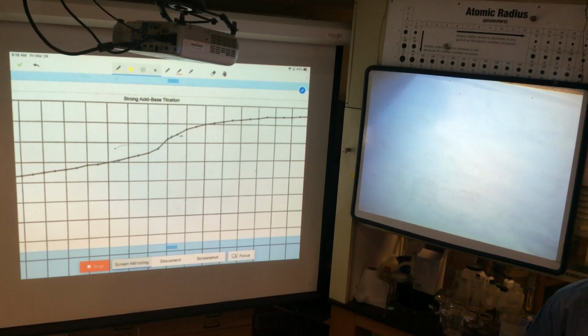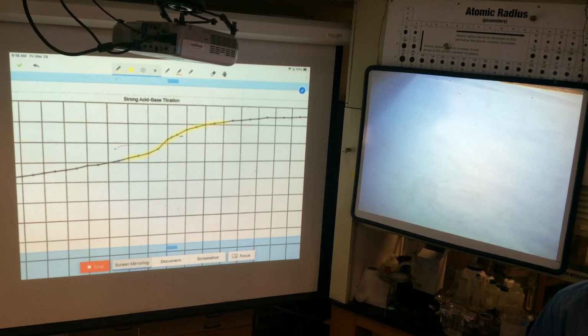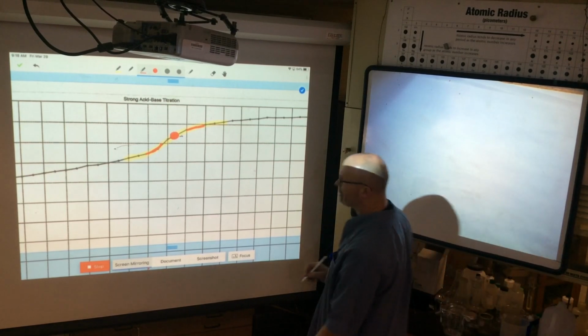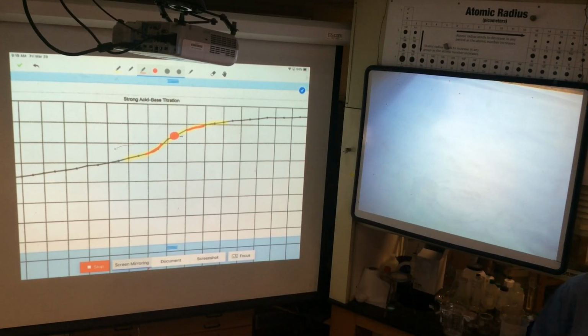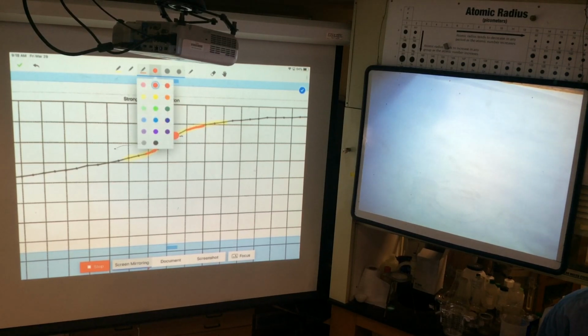If I look at this area here, the middle of that, I'm going to guess, and we could come to different agreements or disagreements, but I'm going to say it's starting to turn up here, and the halfway point of the turn, I'm going to make this point right here my equivalence point. You could probably guess a little above or below, but that's my equivalence point. What point is that? We're going to make that always point 4. So that's going to be point 4.